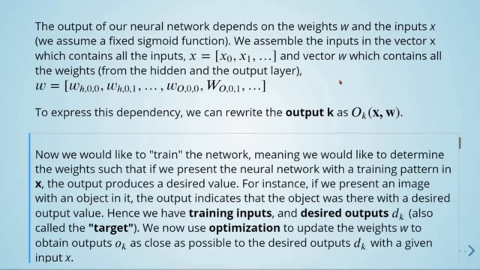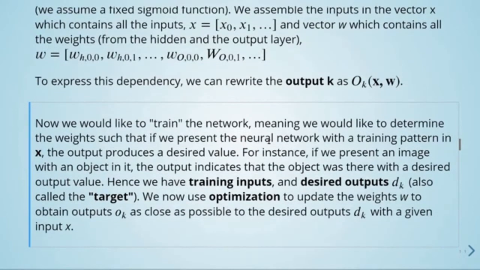So now we would like to train the network, meaning that we would like to determine the weights such that if we present the neural network with a training pattern x, the output produces a desired value. So for instance, if we present an image with an object in it, and the output indicates that the object was there with a desired output value.